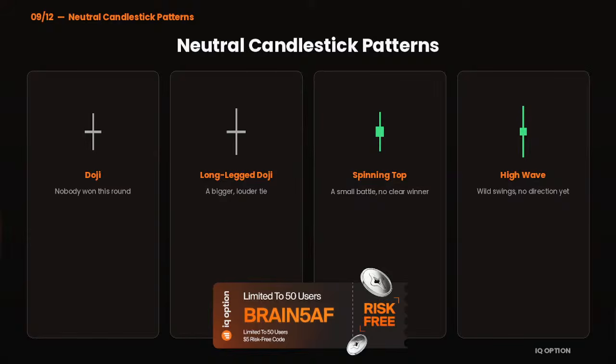So these last four candlesticks that you are looking at, these patterns aren't about buyers or sellers winning. Okay, they are about nobody winning, and that is what they are telling you. They are useful because they tell you when to be patient instead of when to act. So there's a difference between the candles that we just covered and these candles.